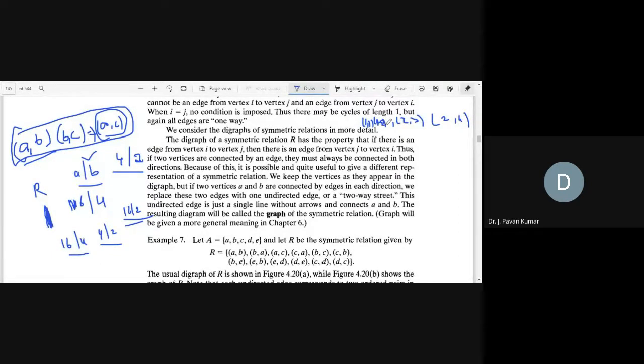Yes or no? No, sir. Why? Because 1 comma 2 is there, then 2 comma 4 is there. These two are of the form a comma b, b comma c. But the pair 1 comma 4 is not present in this relation, so it is not a transitive relation. If 1 comma 4 is also part of the relation, then we can say it is a transitive relation. Is it clear?